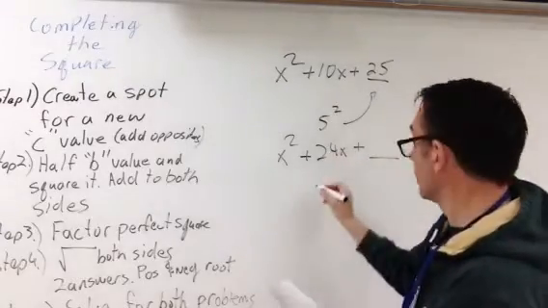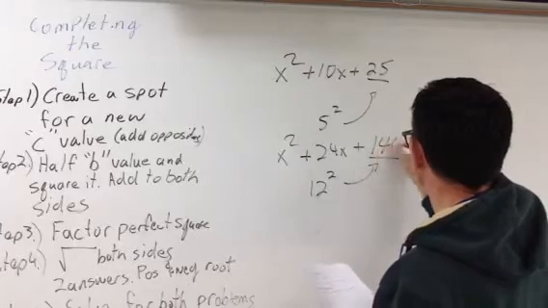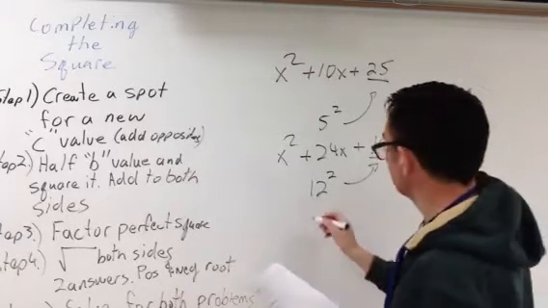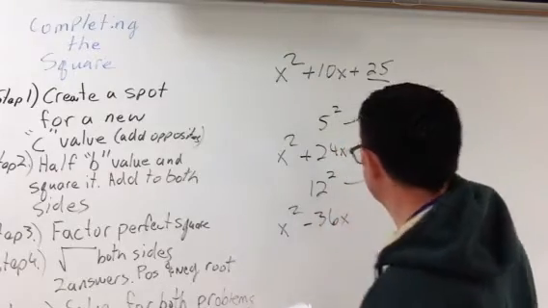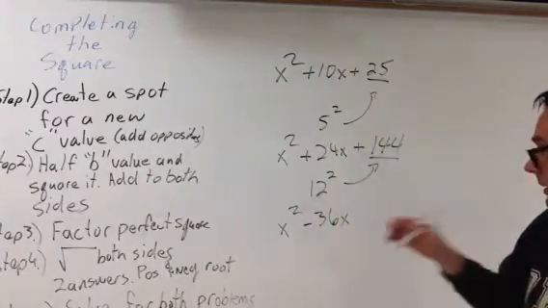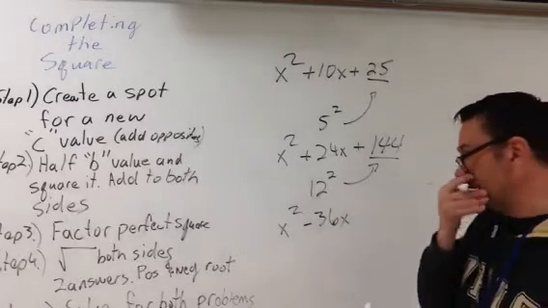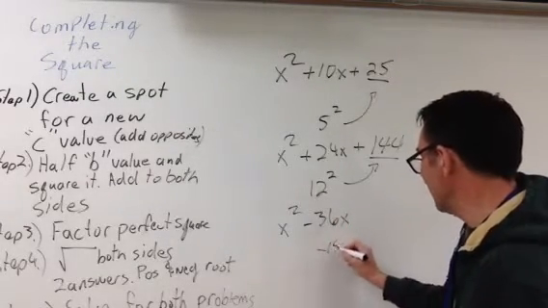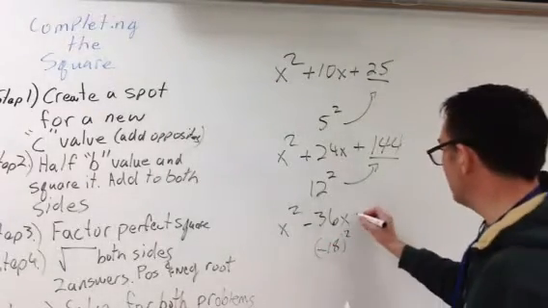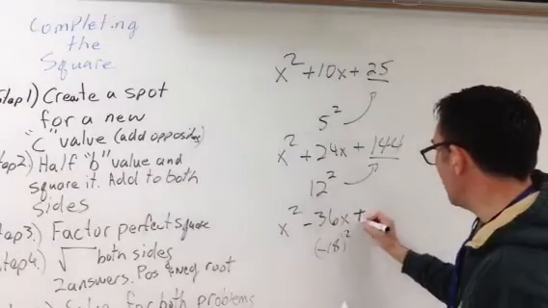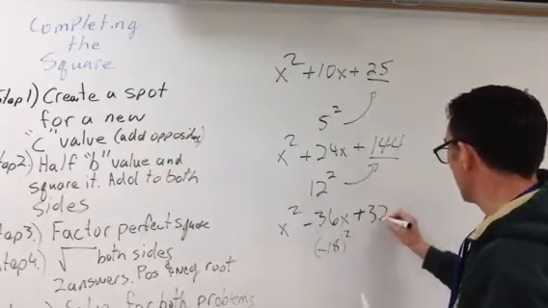Half of 24 is 12. 12 squared is 144. x squared minus 36x. Now, even though this is minus, what's half of negative 36? It is negative 18. If we square this, it still results in a positive number. So we're always going to be adding here, which is 324.